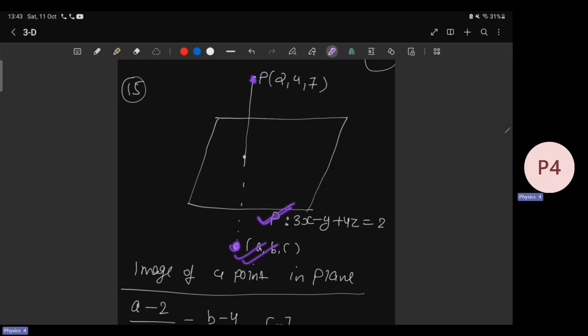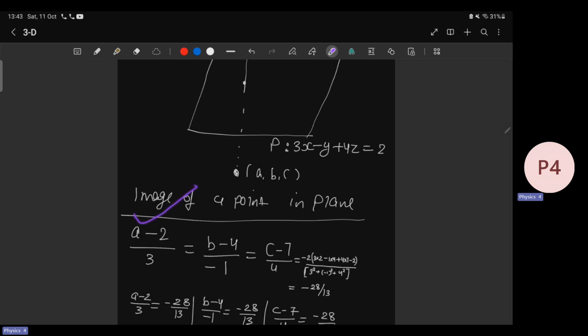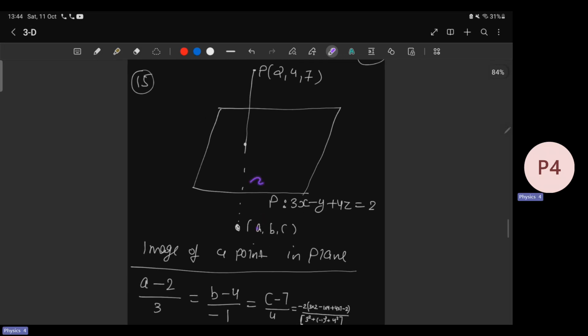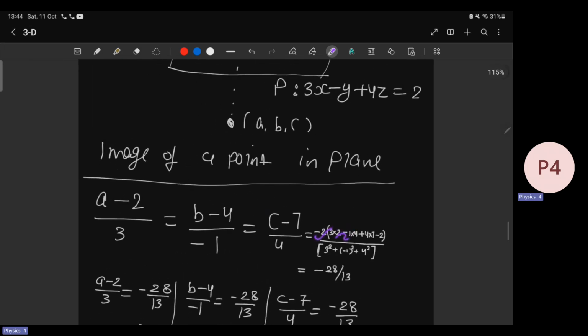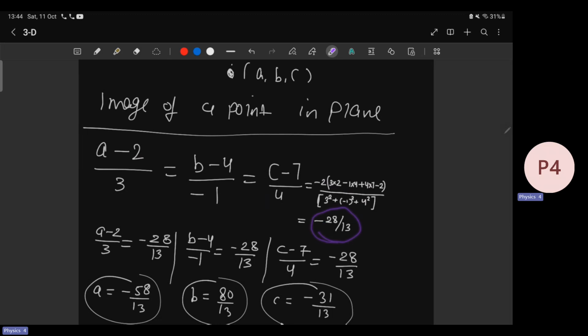Now we can easily write the image of point P in the plane as (A minus 2) upon 3, (B minus 4) upon -1, (C minus 7) upon 4 equals -2 times (6 minus 4 plus 28 minus 2) upon (A square plus B square plus C square). If we solve this, we get -28 upon 13.